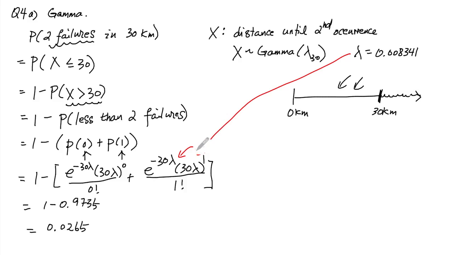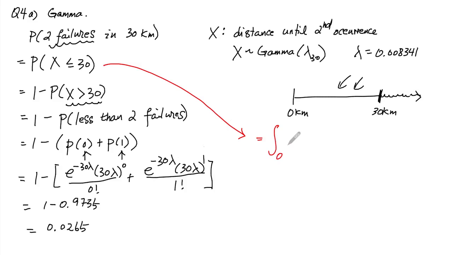Now, this can also be done using the gamma function method, which I'm going to display here. So let's take a look. The probability that we are after will be equal to the integral from 0 to 30 of f of x dx, where f of x is the PDF of the gamma distribution.